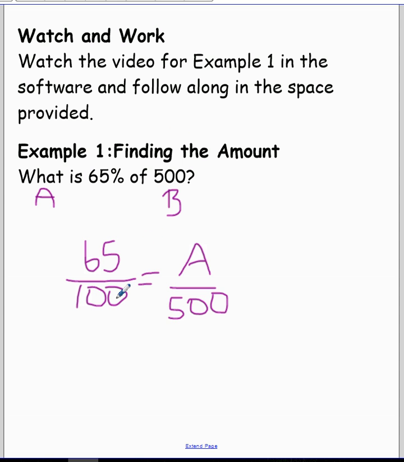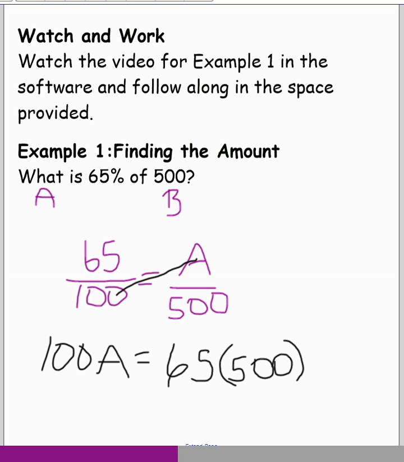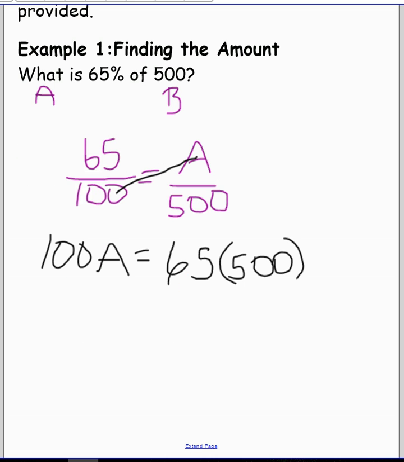We have 100 across from our A, so when we do our cross product, we'll have 100A equals whatever we get when we multiply 65 times 500. And you know how to solve the rest. So why don't you pause the video and finish that, and then check your answer when you're done.